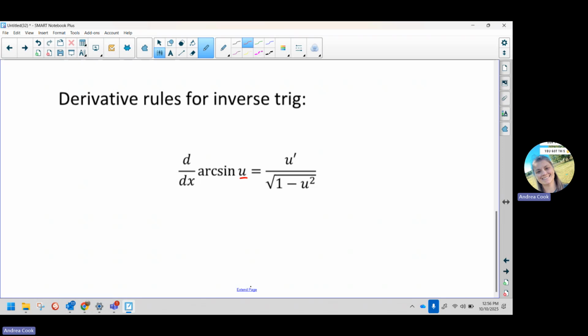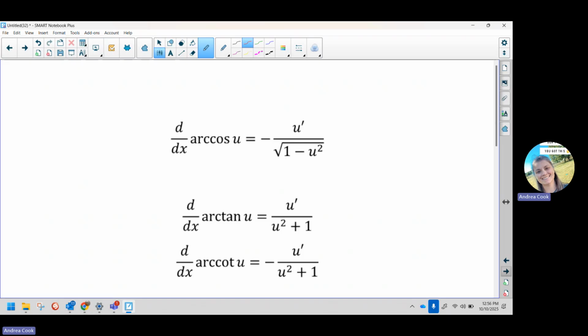You take the derivative of that and then the square root of 1 minus u squared. The derivative of arc cosine is the exact same thing, but a negative. So it's negative u prime over the square root of 1 minus u squared.